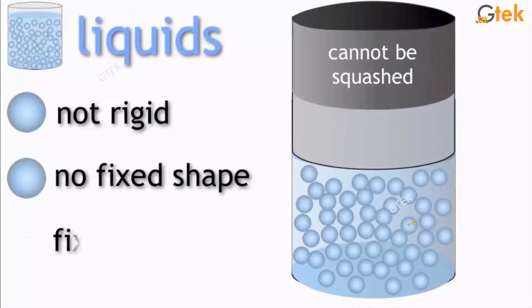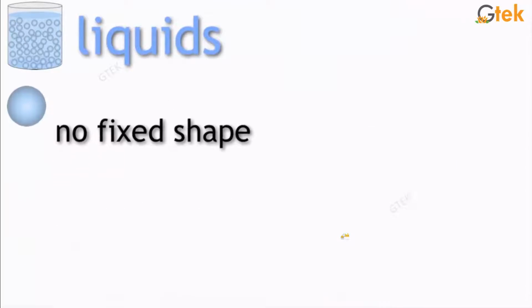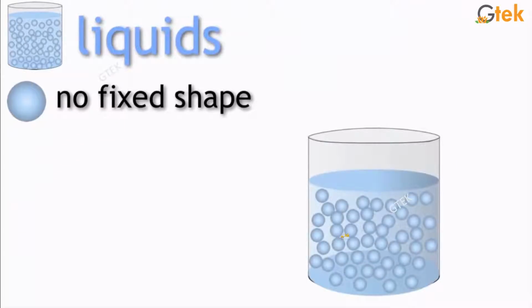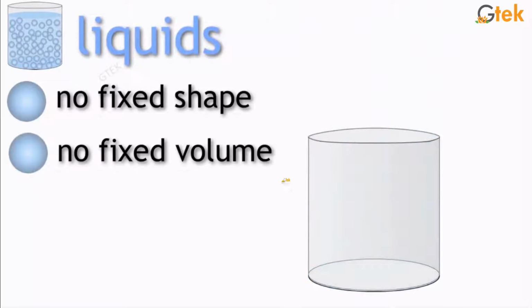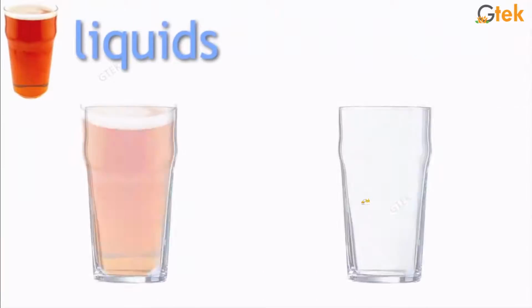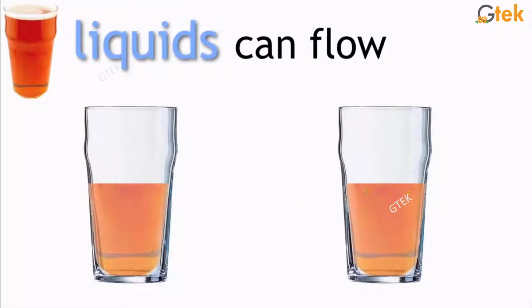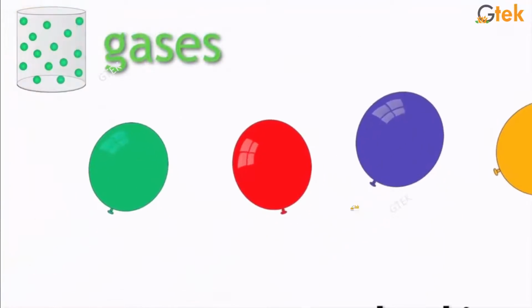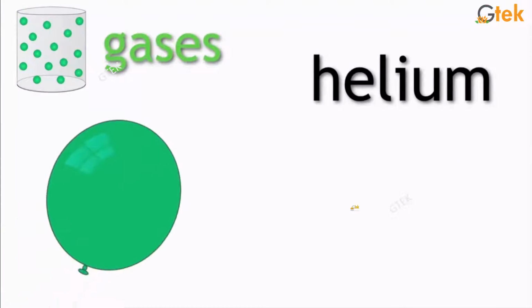It doesn't have a fixed shape. So solids have a volume. If we talk about liquids, you are able to see the liquids can flow and they have a volume, how much the liquid is occupying. So solid and liquid have volume.